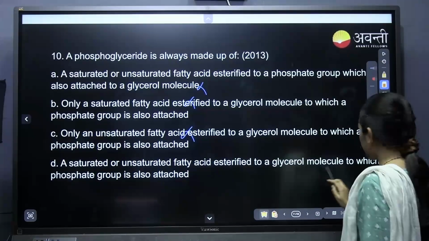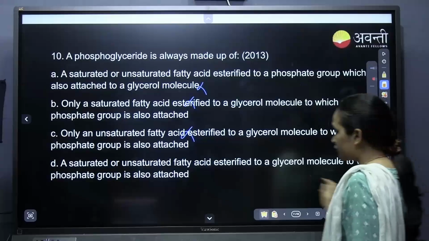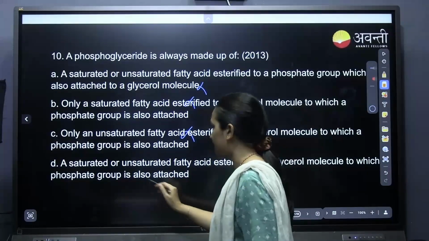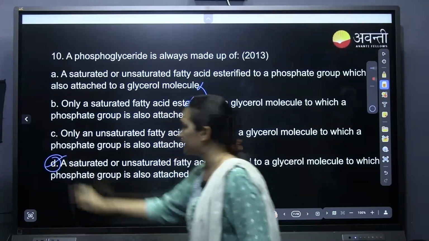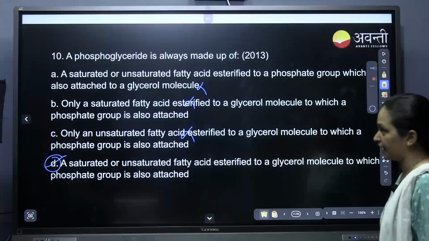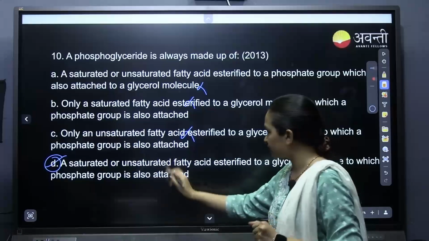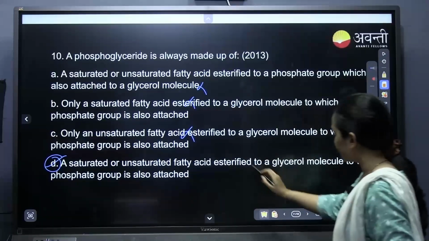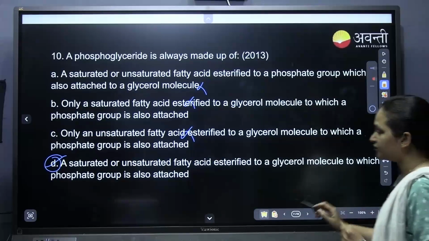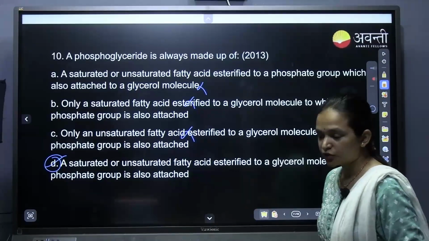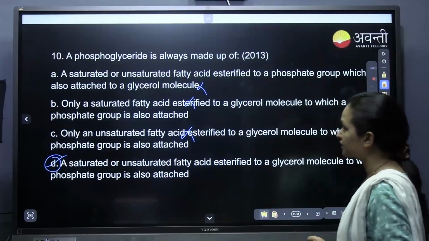Esterified to the glycerol molecule which has the phosphate group attached, yes, that makes D for Delhi the correct answer. The fatty acid can be saturated as well as unsaturated, and it is esterified with the glycerol molecule which has a phosphate group attached to it. So that makes the phosphoglyceride.